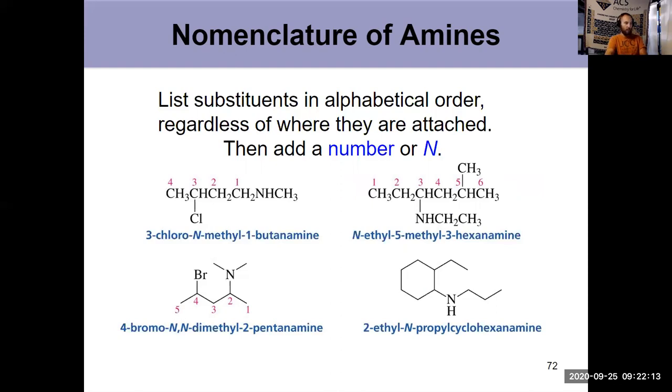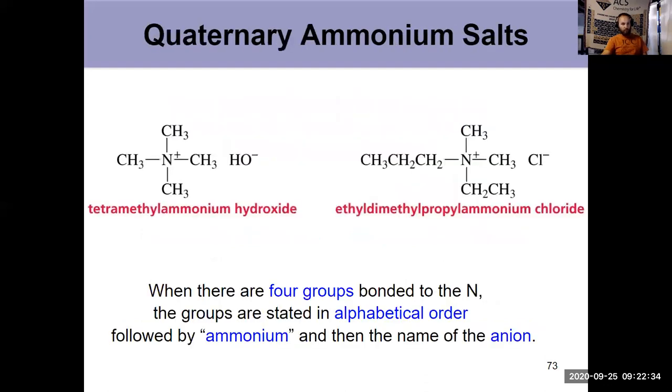So notice, right here, for example, N-ethyl means the ethyl's off of the nitrogen. 5-methyl means I've got a methyl group off of the parent hydrocarbon. But they're all coming in front. They're all alphabetical. And that N, of course, does not affect how they're alphabetized, just like the numbers don't.